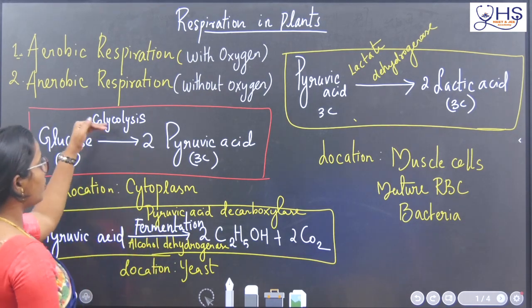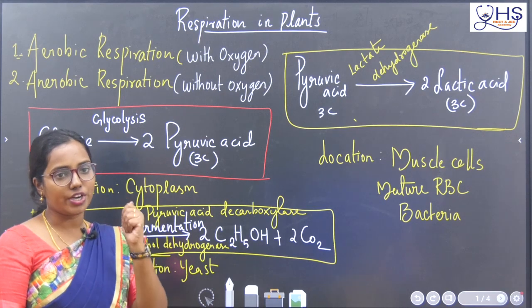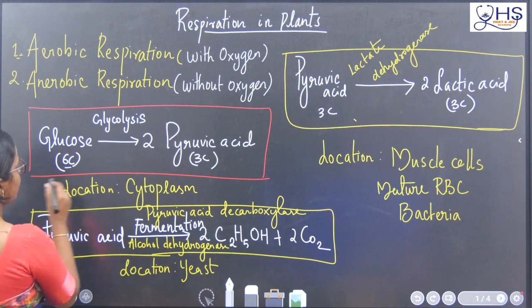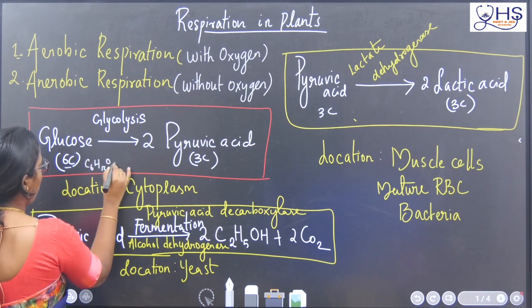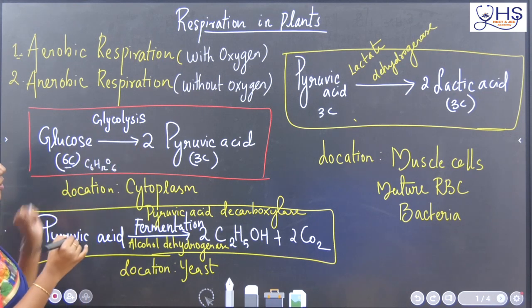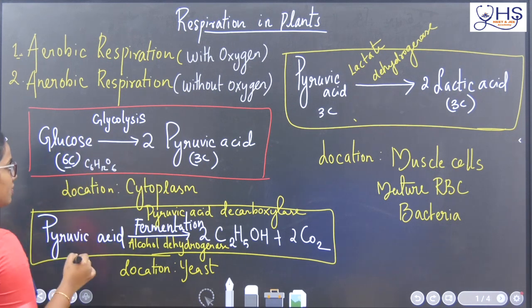So glycolysis is the very first step. Glucose molecules, நம்ம சாப்பிடுற ஃபுட்ல இருக்கிற கார்போஹைட்ரேட்ல இருக்கிற glucose. One molecule of glucose contains 6 carbon, because glucose oda formula enna, C6H12O6 இல்லையா. So 6 carbon molecule, glycolysis process la எத்தனை கார்பனா கன்வர்ட் பண்ணுவாங்கன்னா 3 carbon molecules, 2 molecules of pyruvic acid will be produced.